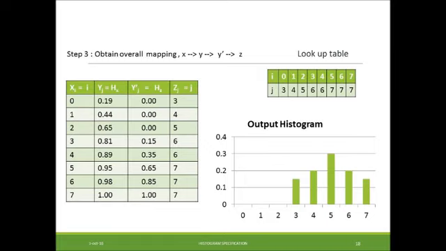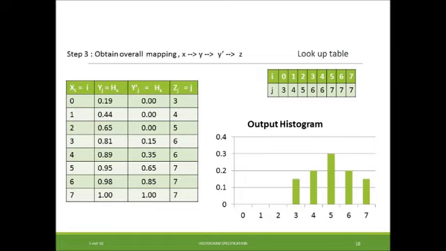Now let's take i equal to 3. Corresponding Hx value is 0.81. Now searching for the closest value in Hz, we have 0.85. So the corresponding intensity is 6. So for i equal to 3, the mapping is j equal to 6. So that value is also defined.